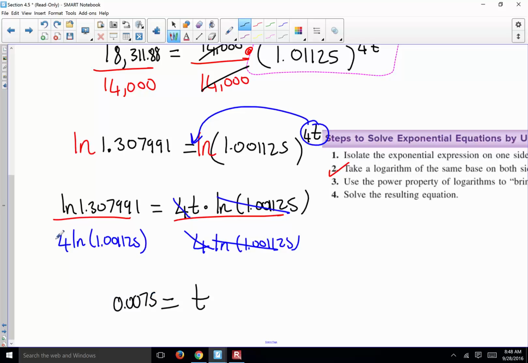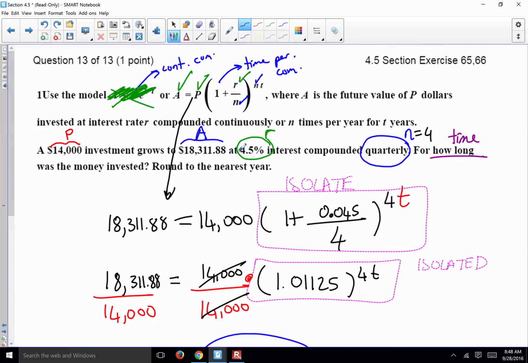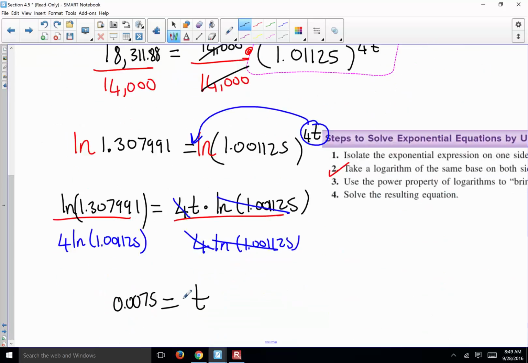Did you take 4 as well? Yeah. That's too little. It should be more, because even if I keep it 1 year at this interest level, it will grow into like 15,000. It should be several years. Where did we make a mistake?